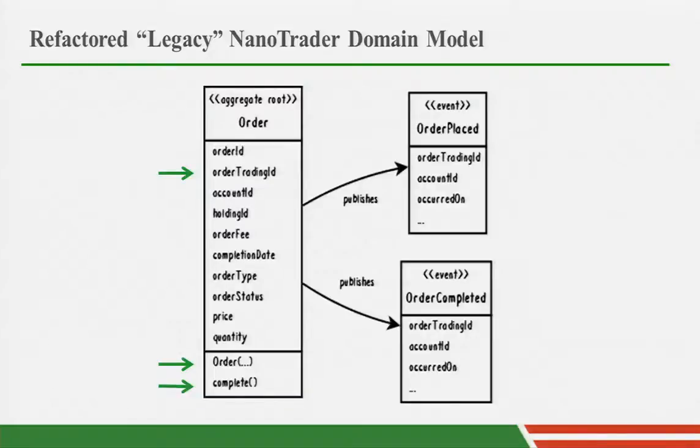Just think of this as a very unique, per instance, business key, like a foreign key kind of thing that we can use in other bounded contexts to tie us back to this order. And when the order is completed, we now put a rich behavior on the order, instead of calculating this kind of stuff in the application service, we did it here. And it allowed us also to publish this order completed event.